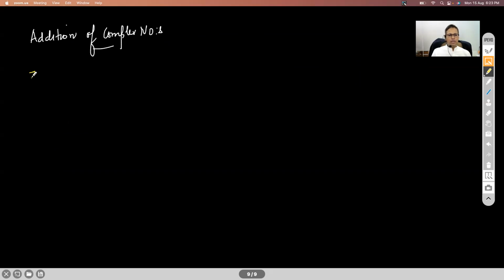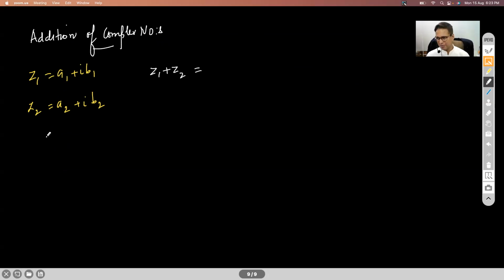Now, if you have two complex numbers, A1 plus iB1 and A2 plus iB2, what happens when you add them? Adding complex numbers is like adding like terms. If somebody had given you 5 mangoes and 2 guavas, and then gives you 10 more mangoes and 6 more guavas, how much is the total number of fruits you have?